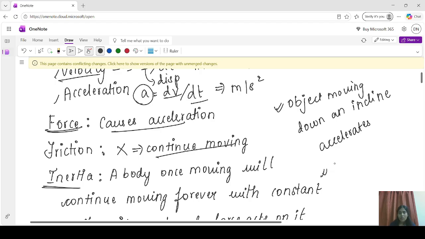Another observation, object moving up will slow down. And object moving on a smooth horizontal surface, continuous motion.